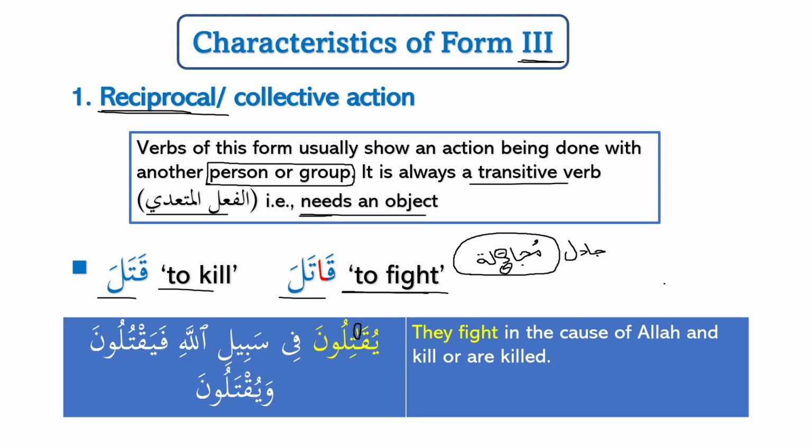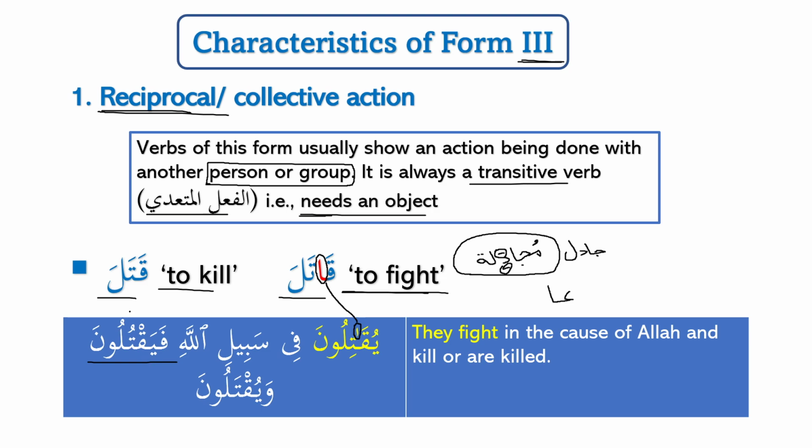Whenever you see Alameen in the Quran, on the Ain there is a long fatha, it is not written with an alif. So please remember that whenever you see this long fatha, it equals alif. So yuqatiluna fi sabilillahi, they fight in the cause of Allah.